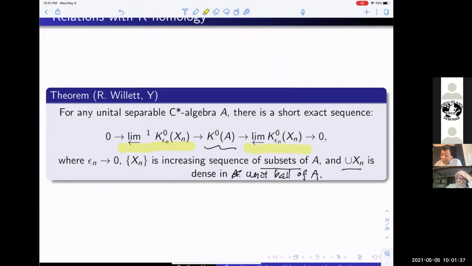But the good thing about this quantitative theory is that it is more like a local theory. When you try to compute things, you can concentrate on the local part.